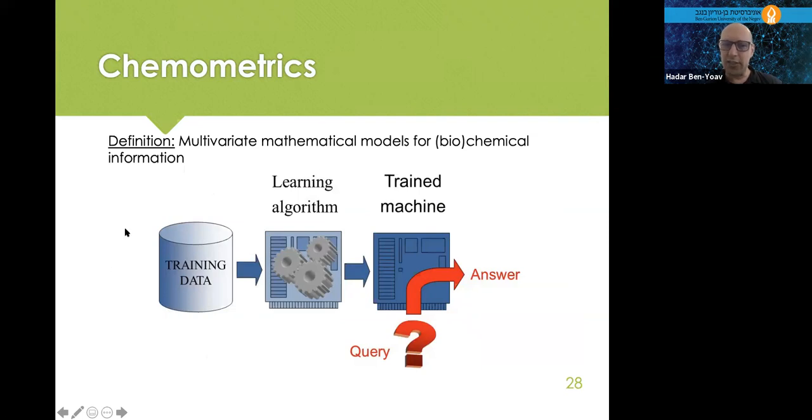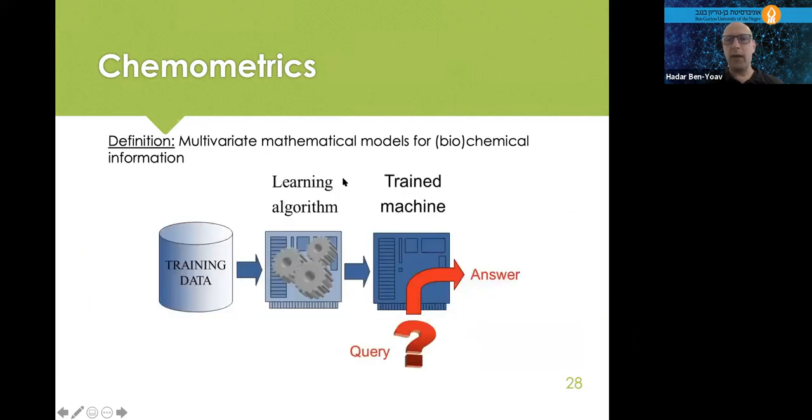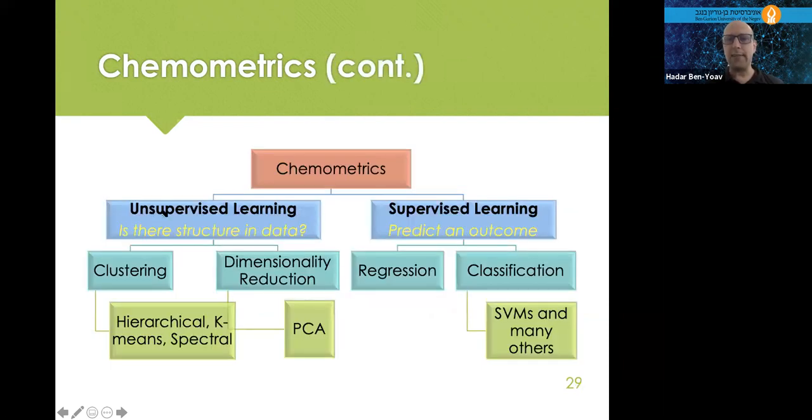We can just use the data itself and get the answer because of some kind of variability that we measure in the data. And there is supervised learning, in which you indeed use the training data to teach the model. So, supervised and unsupervised.